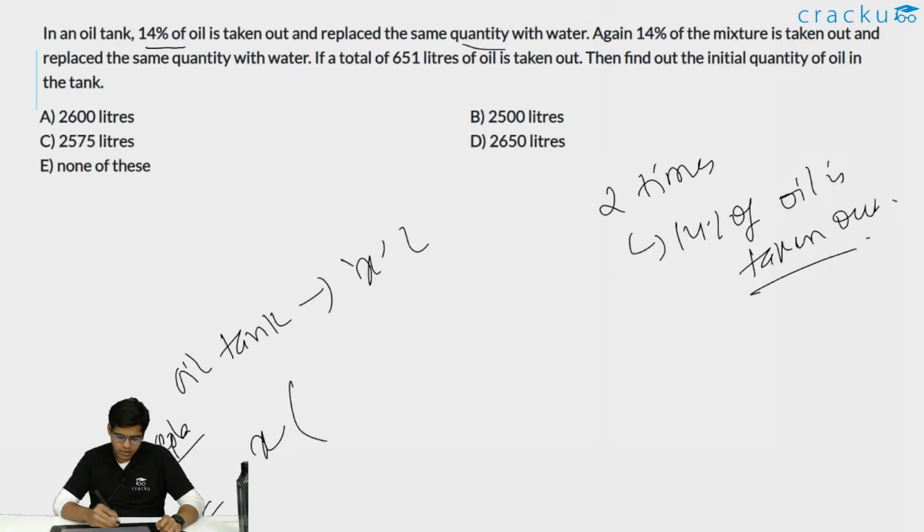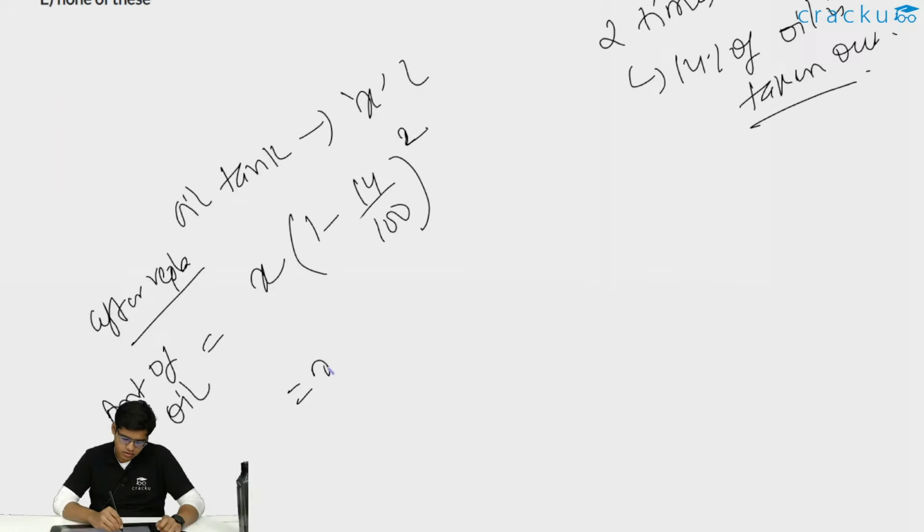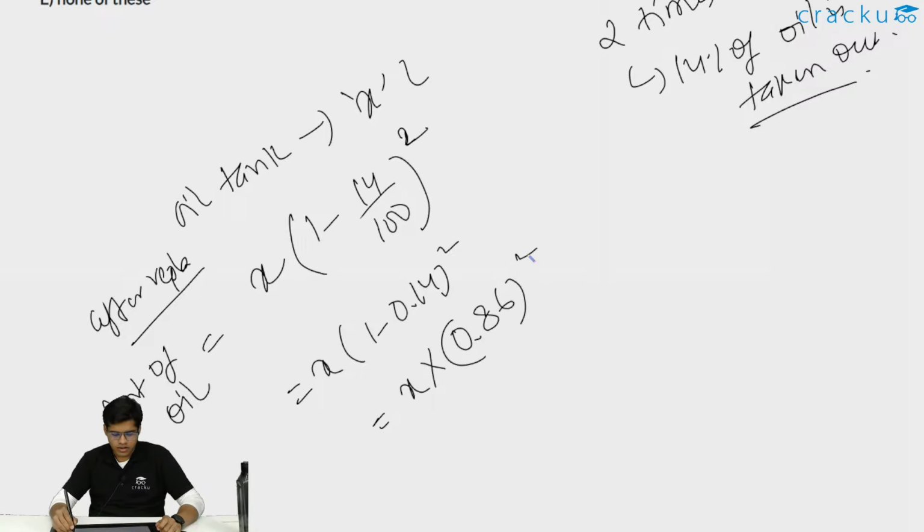The amount of oil will be x into (1 minus 14 by 100) whole square, right? So x into (1 minus 0.14) whole square, which is x into 0.86 square. This is the amount of oil after this replacement.